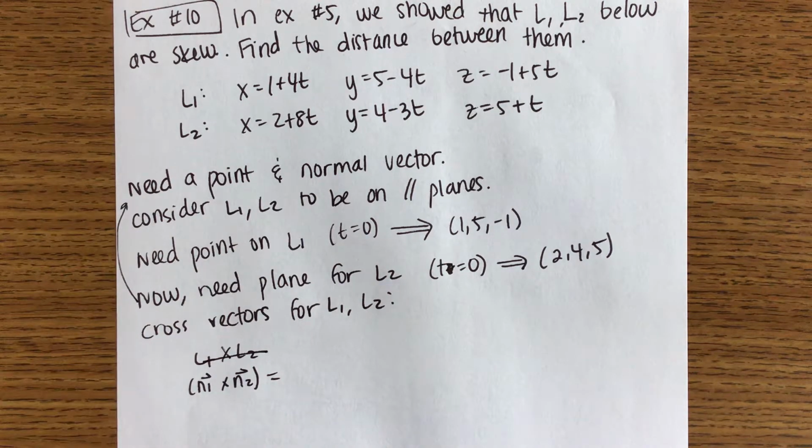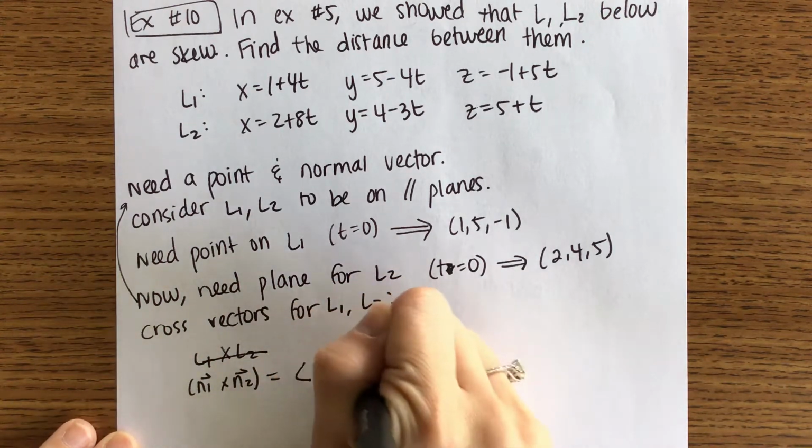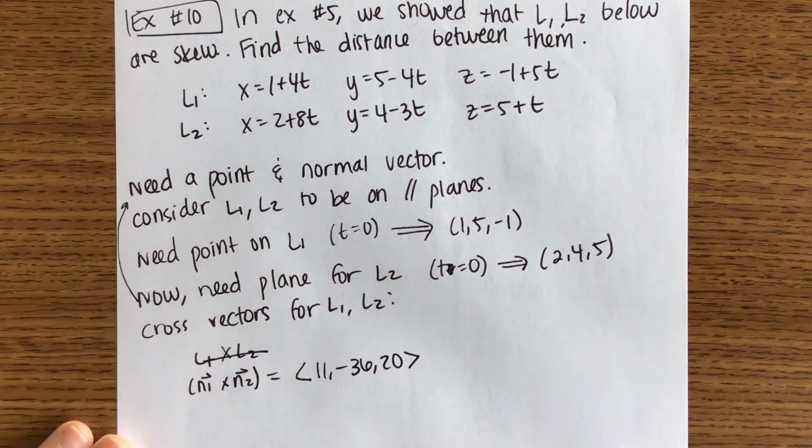Again, are you okay if I just tell you what it ends up being? Okay, great. It's 11, negative 36, and 20. So that vector is perpendicular to both lines, therefore it's going to be perpendicular to the plane for L2.